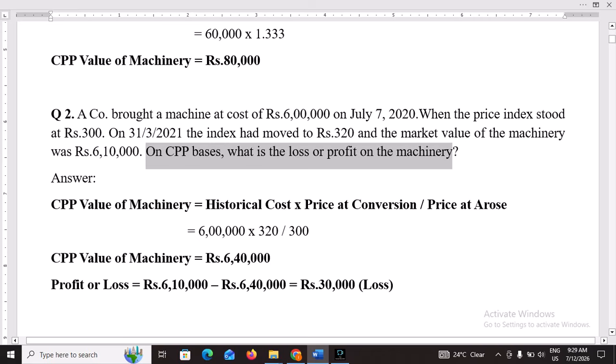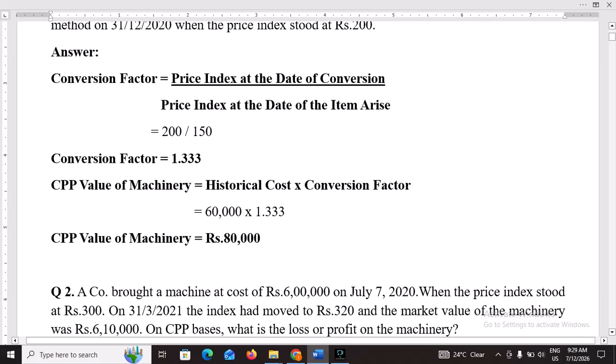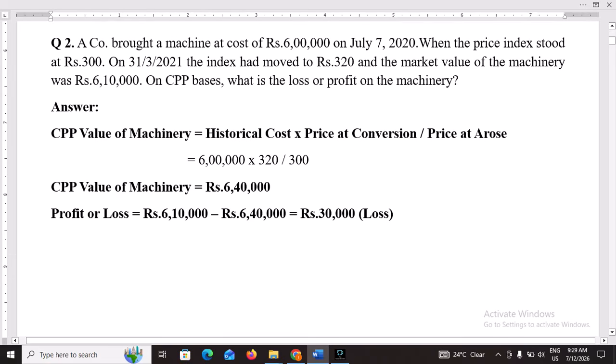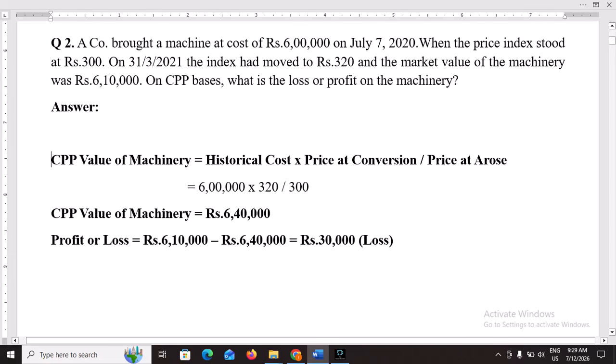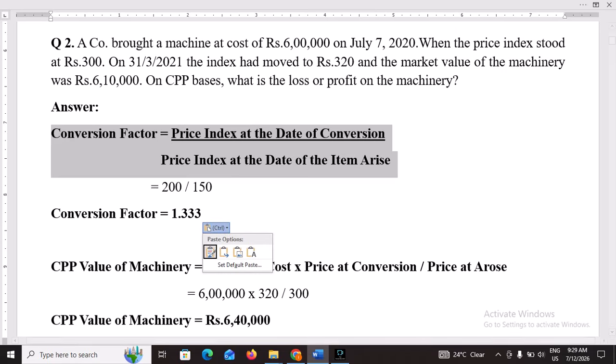So the answer: CPP value of machinery into conversion factor. First, conversion factor is equal to the price index at the date of conversion divided by the price index at the date the item arose.